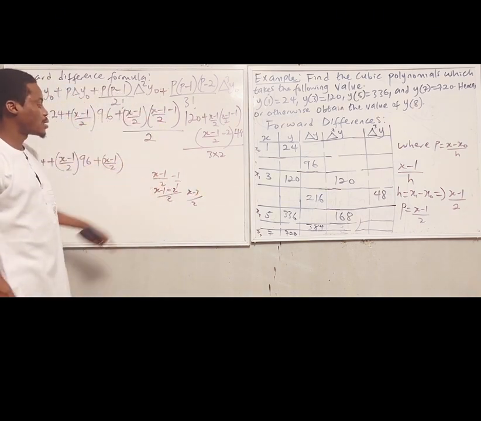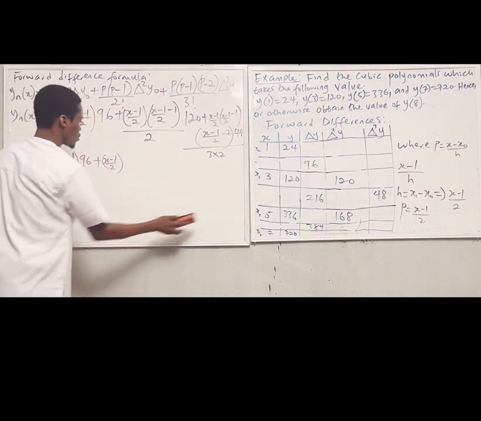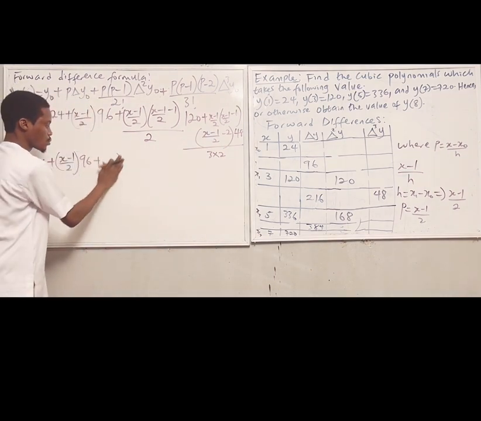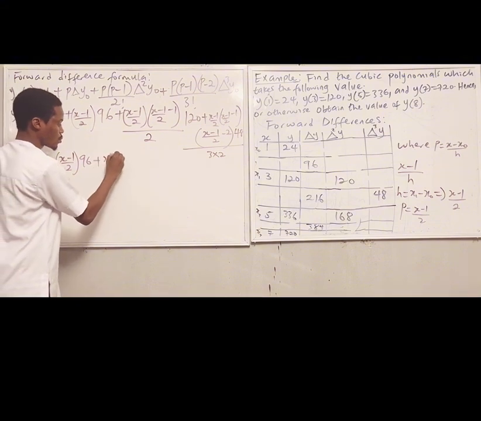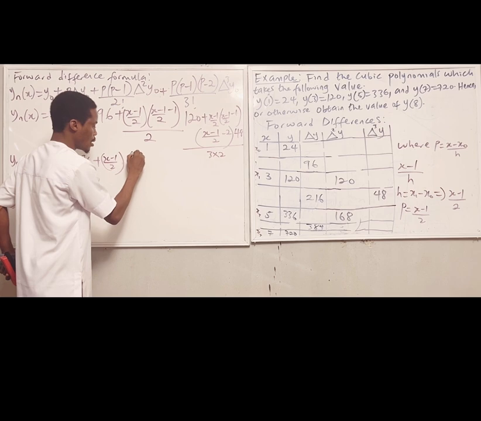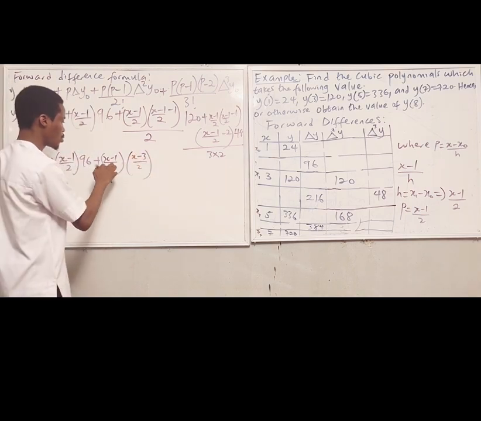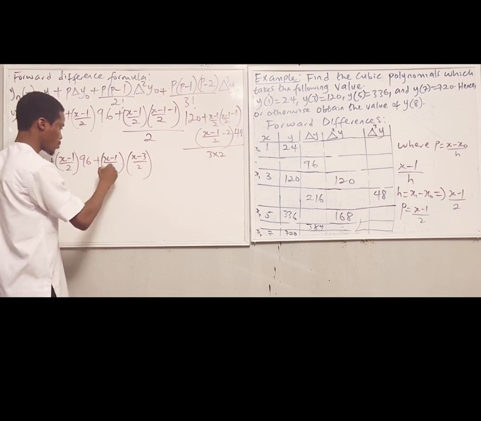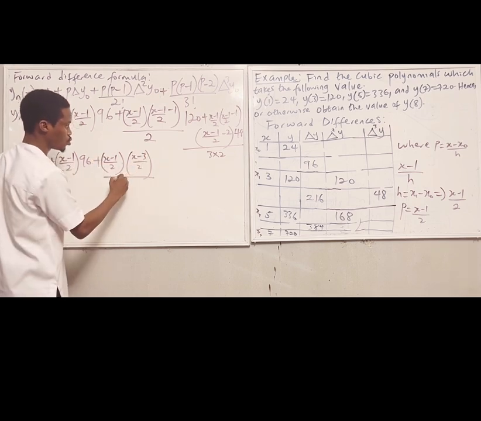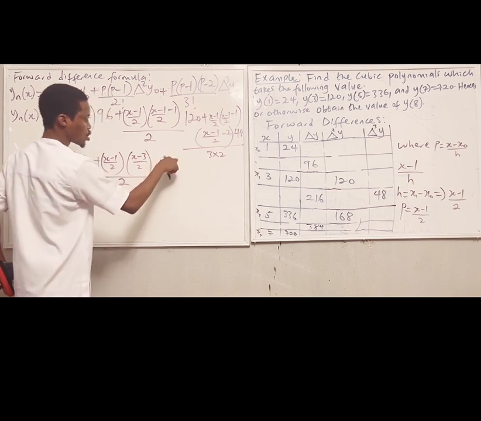I have s minus 3 all over 2. I'm going to write it here. This then here is s minus 3 all over 2. I solve this all over 2. And here we have 120 multiplied by 120.